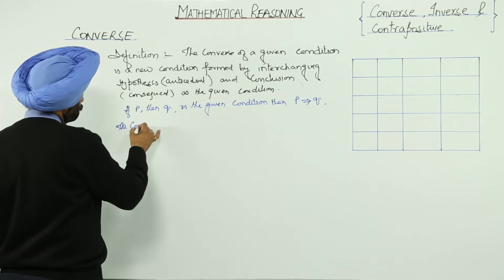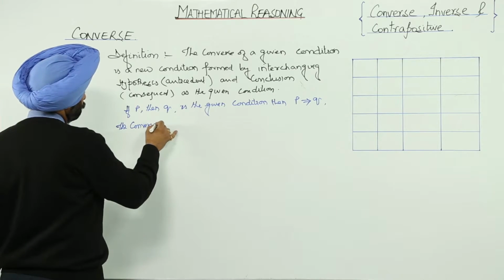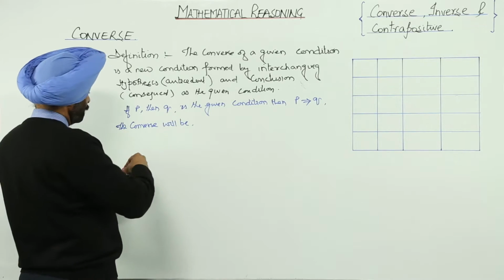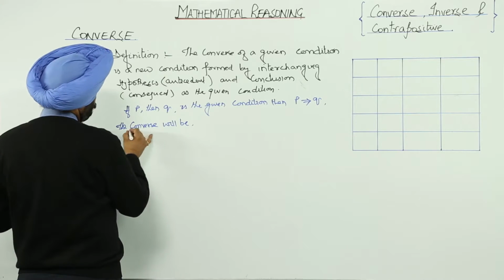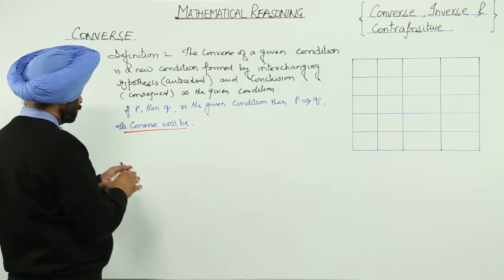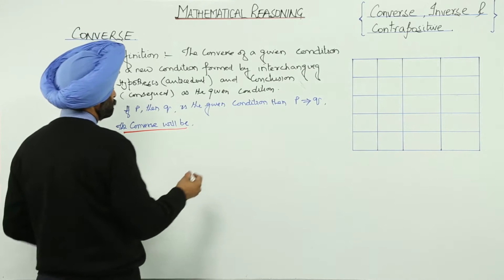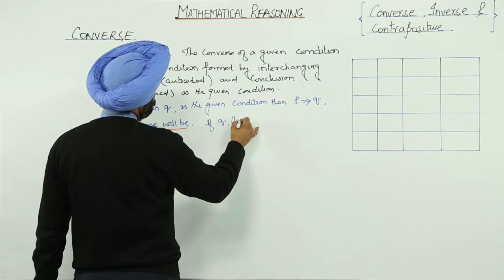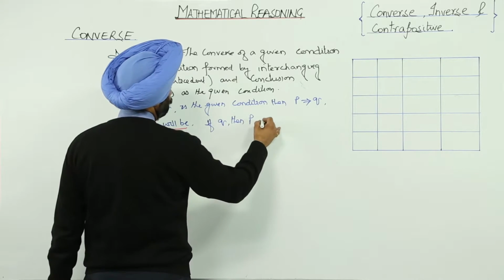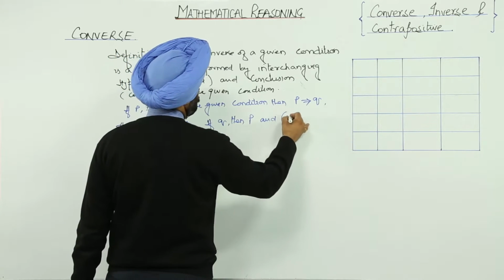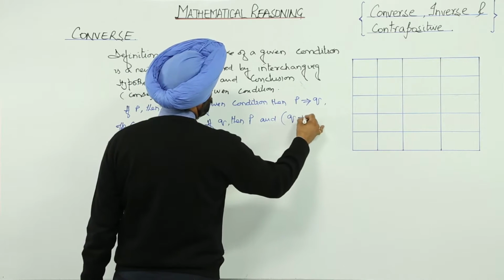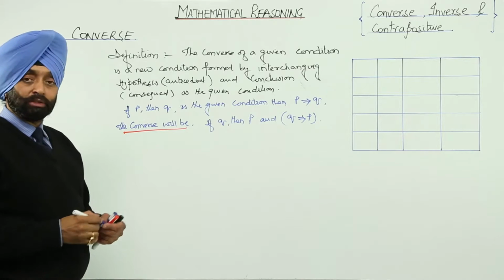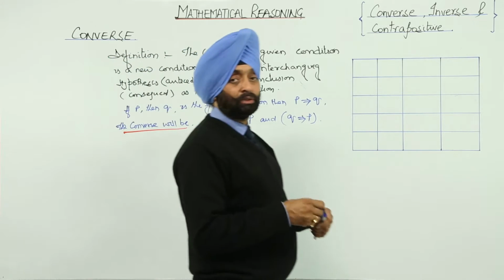The converse will be, now here the converse will be this part, what will it be? If Q then P, and symbolically we will write Q implies P. Okay, so this is the converse, just a change of antecedent and consequent.